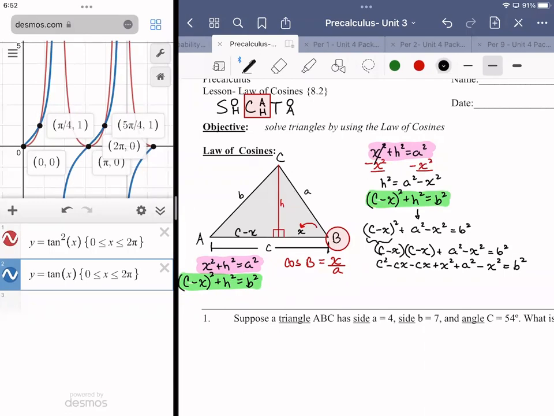It just doesn't seem like there's any chance that would be the case, but it is going to happen. So these two terms can be combined: I'd have c squared minus 2cx. I have a positive x squared and a negative x squared on the same side of the equation, so they're going to cancel away. Plus a squared is equal to b squared.